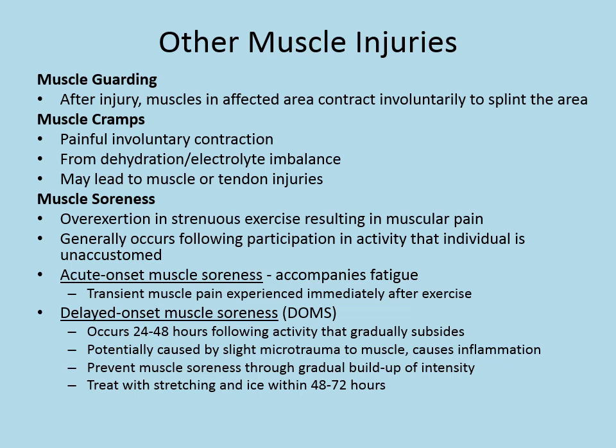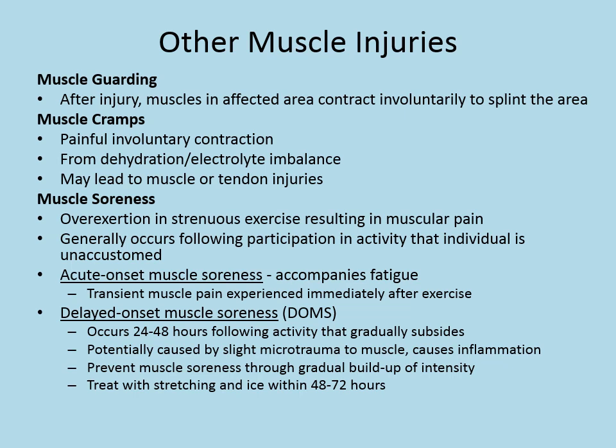Delayed onset muscle soreness is muscle soreness that occurs usually 24 to 48 hours following an activity and then gradually subsides. For some reason, as I've gotten older, it sometimes will even take longer than 48 hours. I'm not exactly sure why. But one of the more likely reasons that this occurs is because we're getting a slight microtrauma to the muscle fibers themselves.